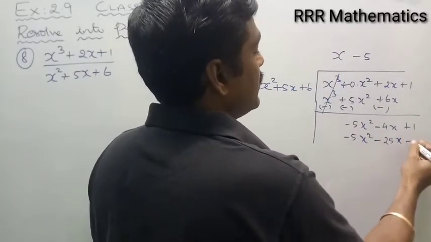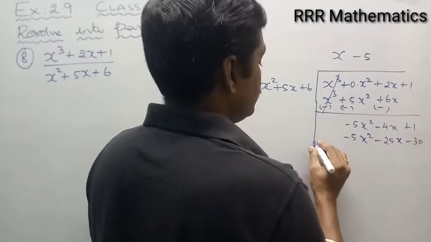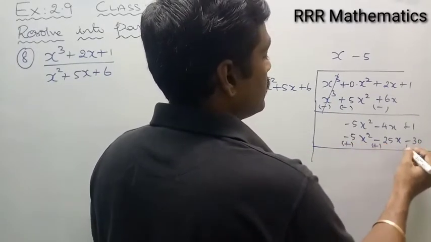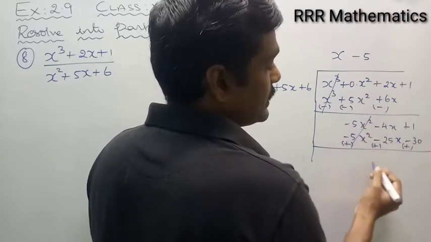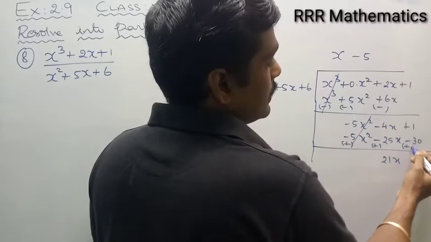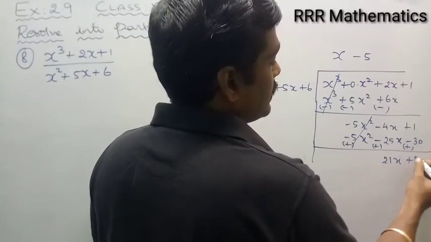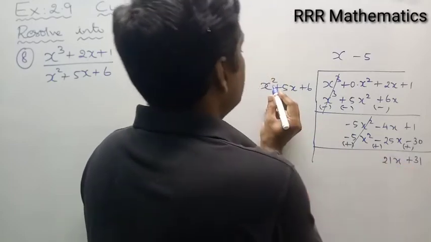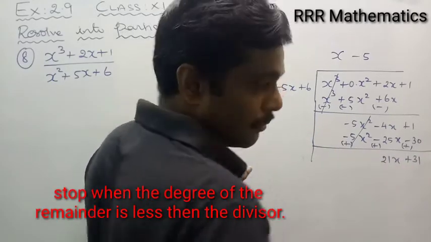Minus 5 into 6, minus 30. Change the sign. Get cancelled. Minus 25 minus 4, that gives 21x. This is plus 30 plus 1, 31. The degree of the remainder I am getting is 1, and the divisor degree is 2, so I can stop.